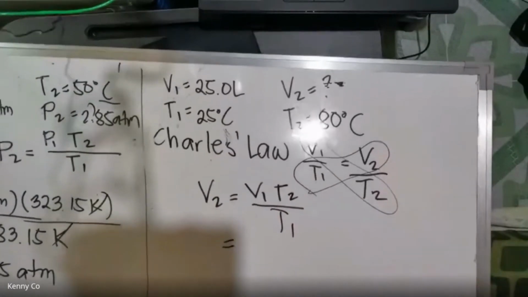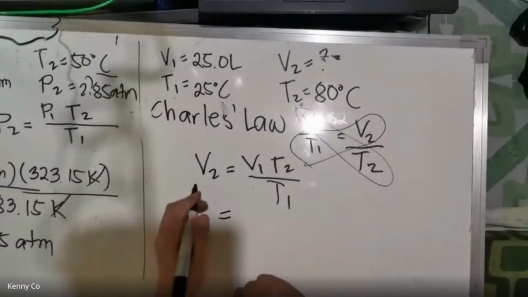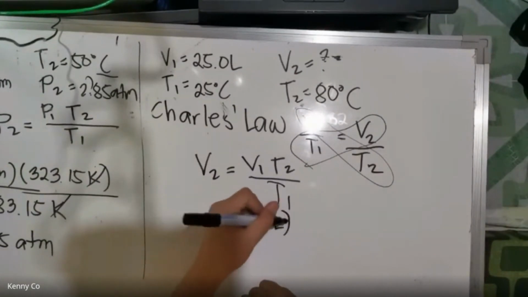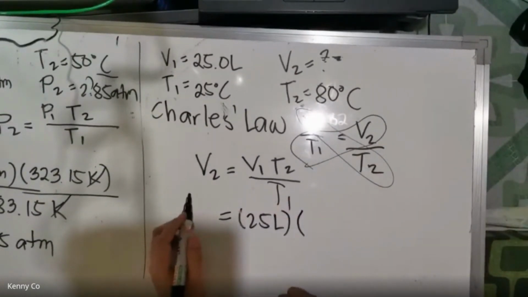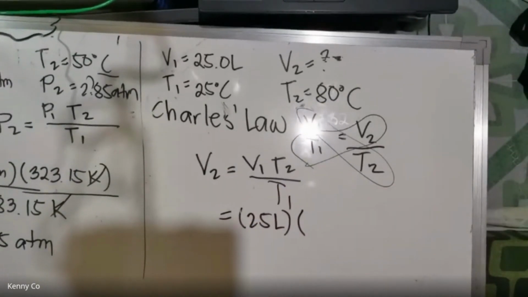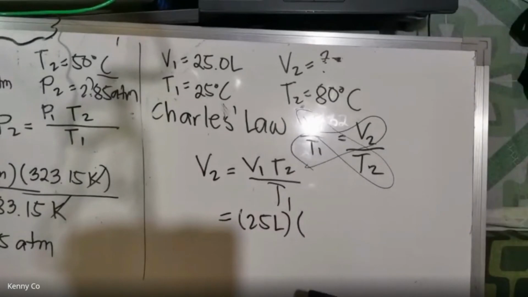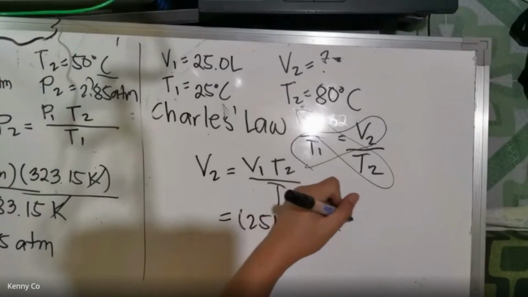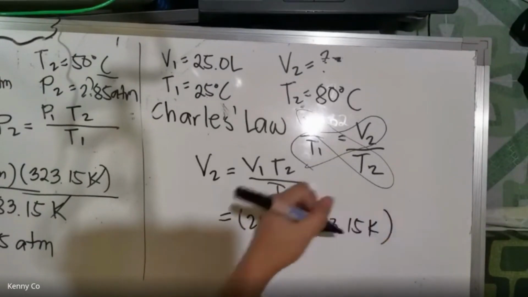Next. For our initial volume, it is 25 liters. Final temperature, T2 kasi, so final temperature, 80 degrees Celsius, but we have to convert that to Kelvin. So 80 plus 273.15, this is 353.15 Kelvin.